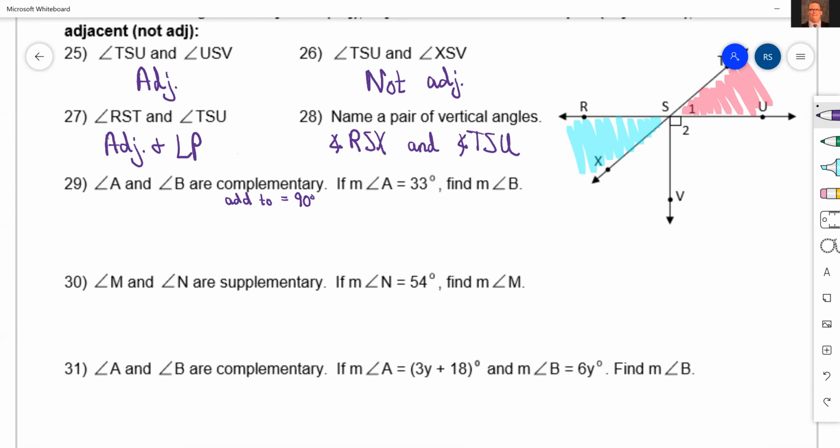Remember, complementary means you add to equal 90. So this 33 has to add to something to give you 90. So 33 plus B has to equal 90. Well, you can subtract 33. The measure of angle B, 90 minus 33, is 57 degrees.